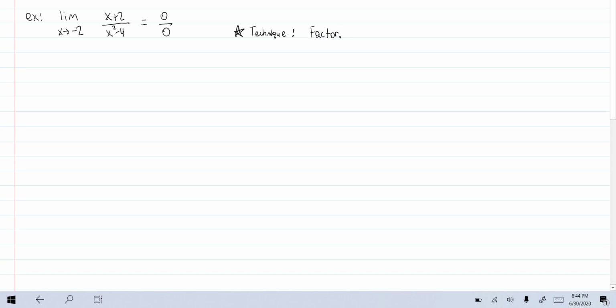So this technique only applies when you have a polynomial over another polynomial, and you get 0 over 0 when you try to plug in what x is approaching. Okay? So in this example, we do have a polynomial over another polynomial. It is giving us a 0 over 0 indeterminate form. Therefore, we are going to try and factor.